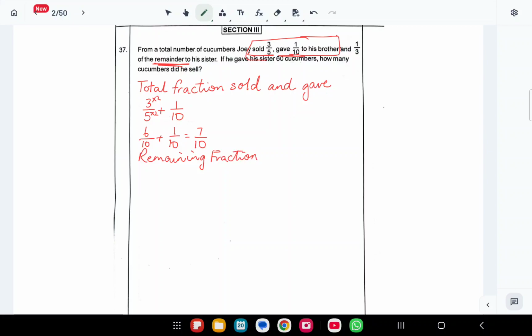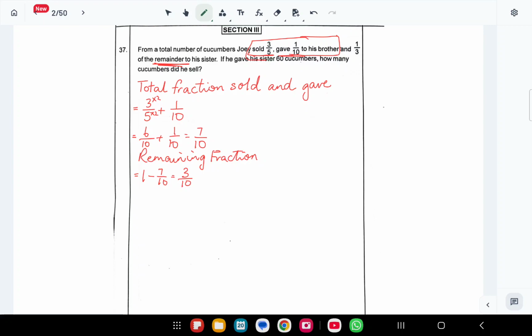To calculate the remaining fraction, from the whole, which is represented by 1, we take away the total fraction which he gave and sold, which is 7/10. And 1 take away 7/10 will give us 3/10. So the remaining fraction is 3/10.